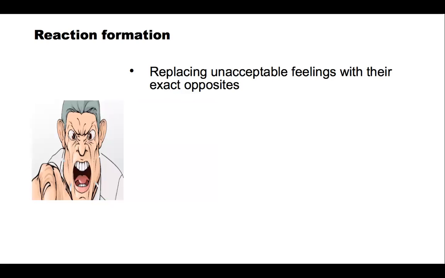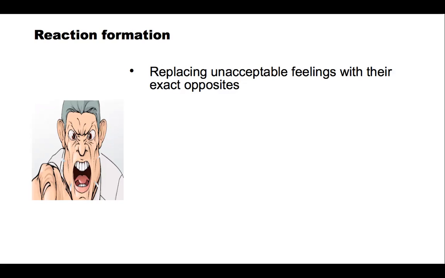Now let us see what is reaction formation. So this is replacing unacceptable feelings with their exact opposites. In this defense mechanism, the unacceptable real feelings are replaced and acceptable opposite feelings are being expressed.